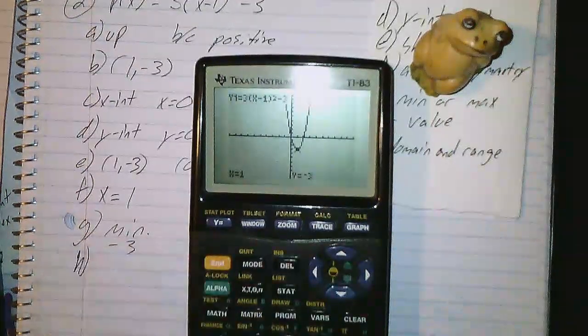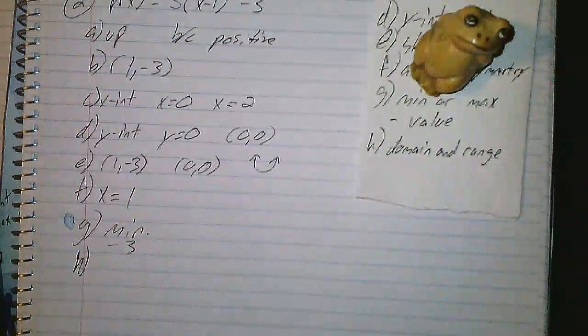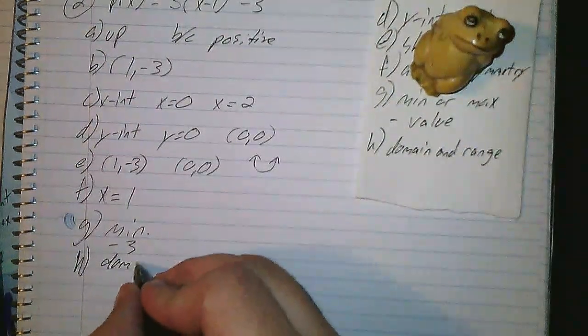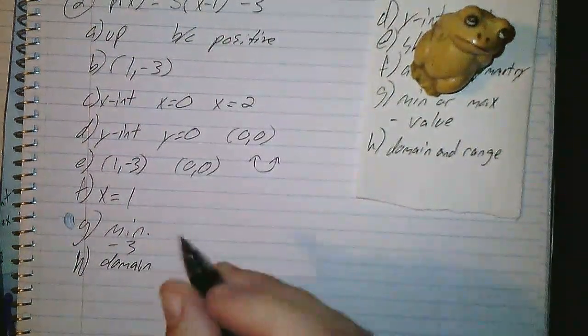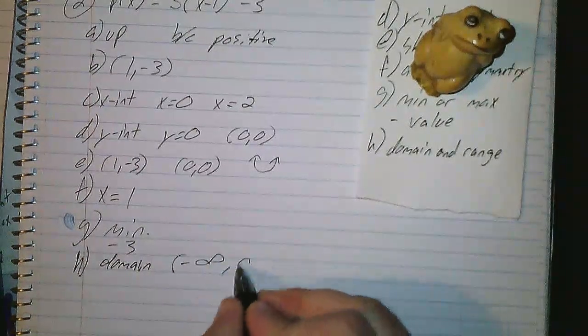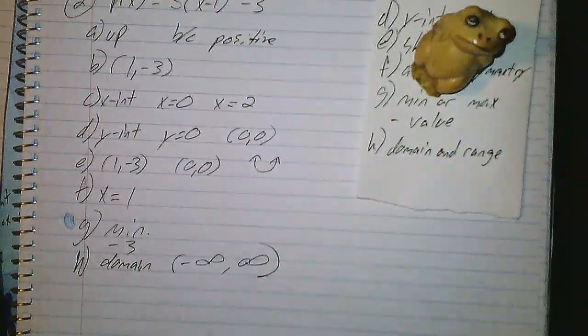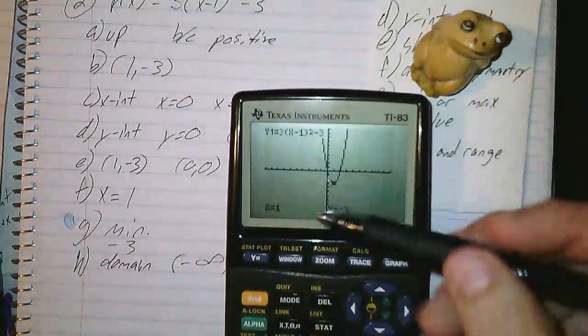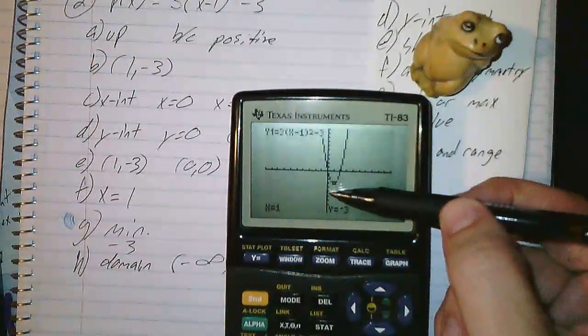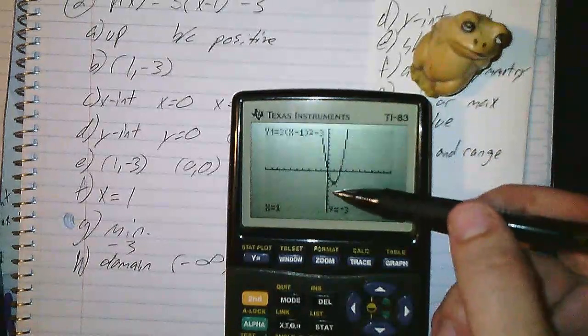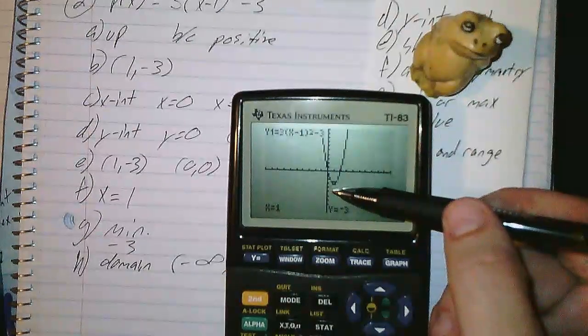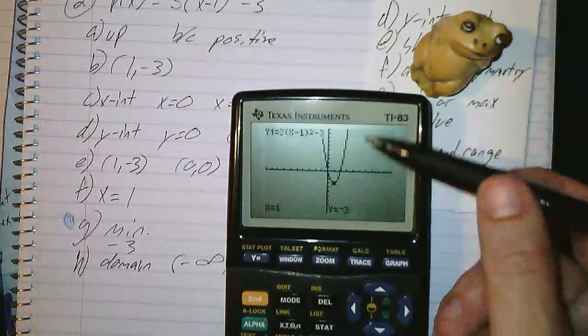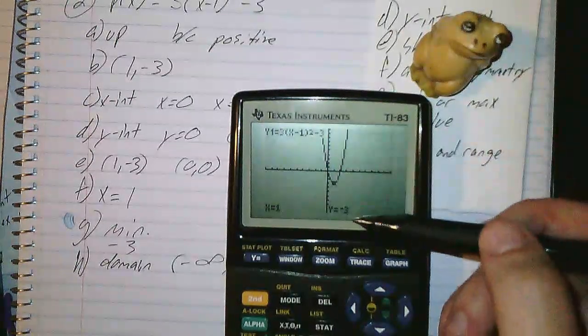And part H, for the domain and range, domain is always negative infinity to positive infinity when talking about parabolas. And then the range, we have a minimum, so it's the minimum value with a bracket, opening up towards infinity.